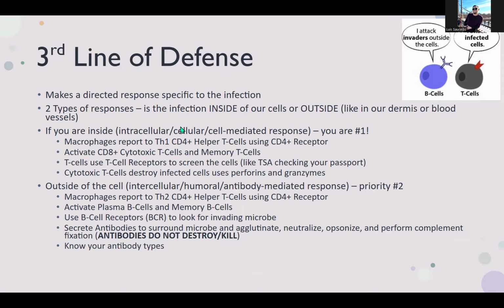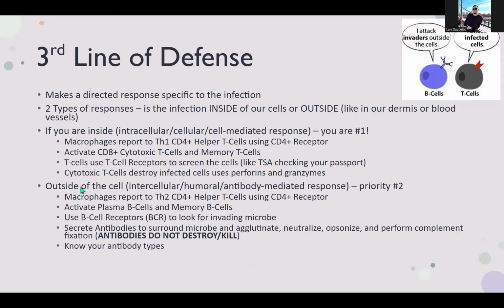Dr. Curley uses cellular and cell-mediated. Dr. Cotter's class uses intracellular and cell-mediated. Just know that you can be asked what cells are involved in a cellular, cell-mediated, or intracellular response, and your answer would be the T cells.